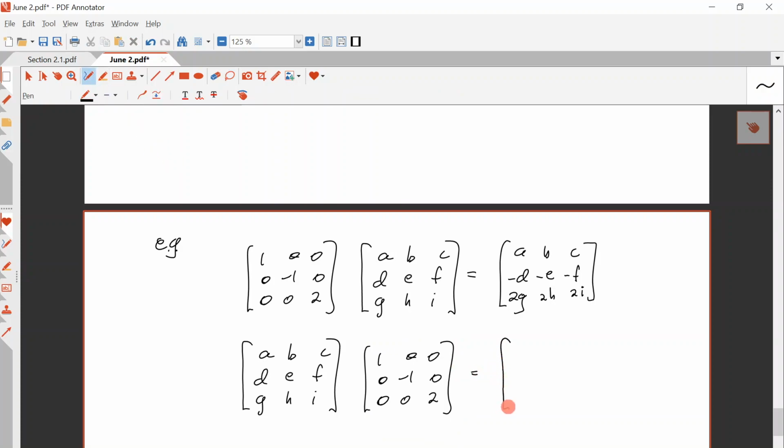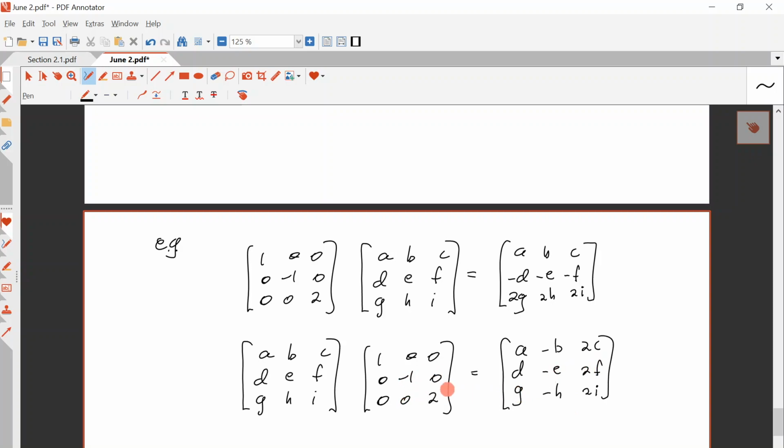The first column gets multiplied by 1: A, D, G. The second column gets multiplied by negative 1: minus B, minus E, minus H. And the third column gets multiplied by 2: 2C, 2F, 2I. You can check that out if you want.